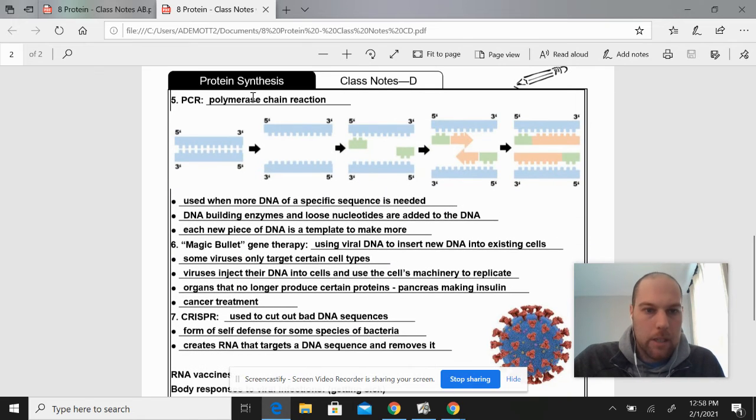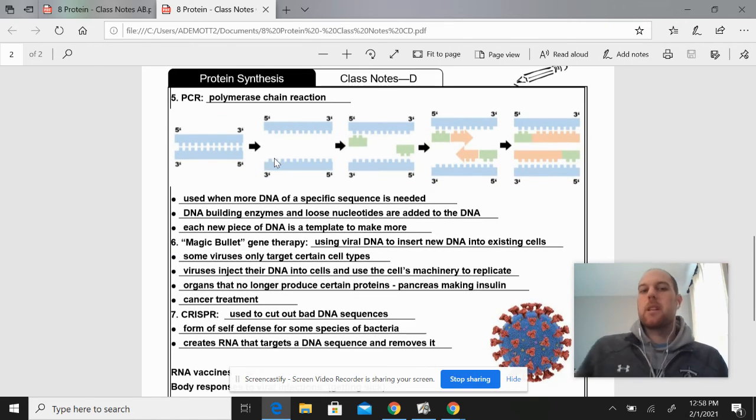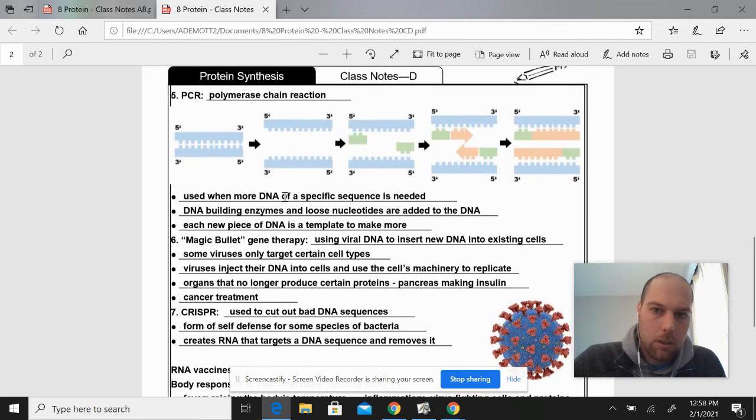PCR, again, I told you we're flying through this section. PCR, or polymerase chain reaction, you'll have a question on the test about this. It's a technique where you're trying to study or test DNA, and this technique allows you to make a lot of copies of it pretty quickly.